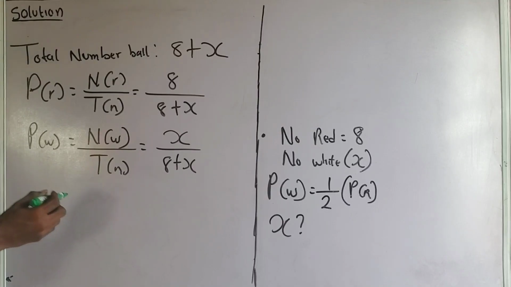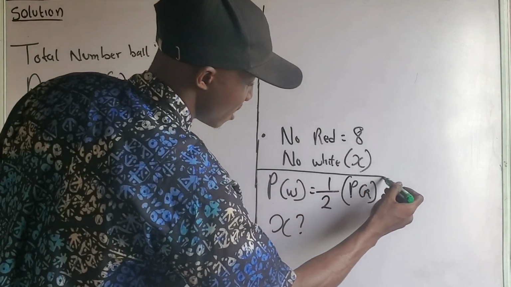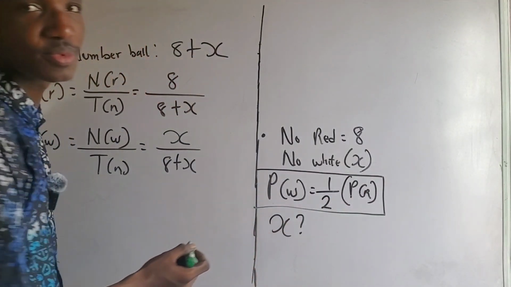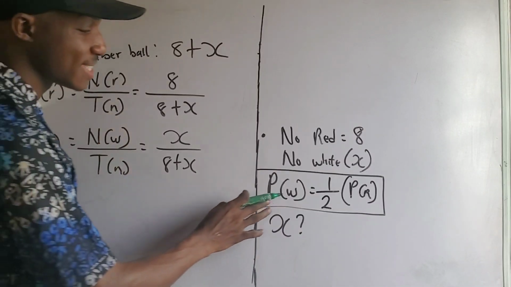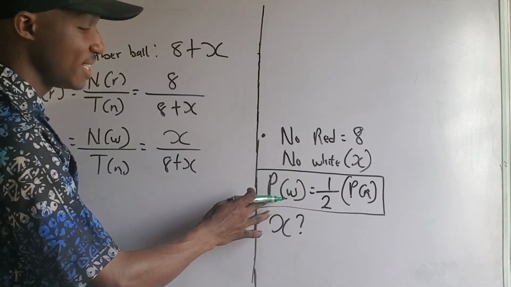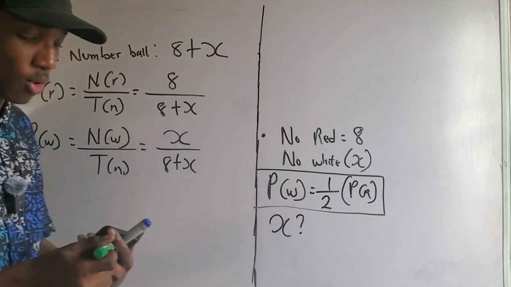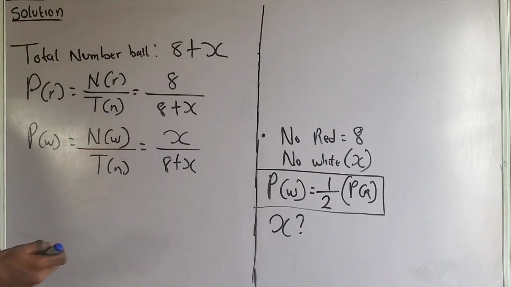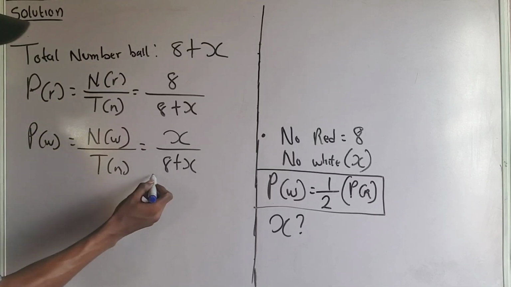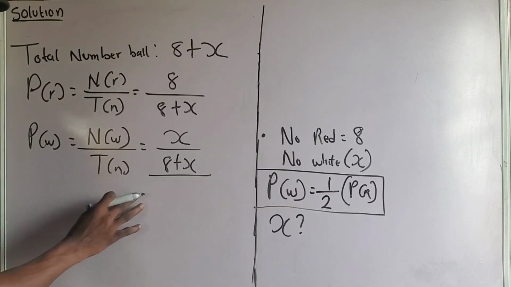Don't forget that. Please pay attention. The solution to this question lies in this statement. You understand? This statement is: the probability of a white ball equals half of the probability of a red ball. And we have already written an expression for the probability of a white ball, which is x over 8 plus x.